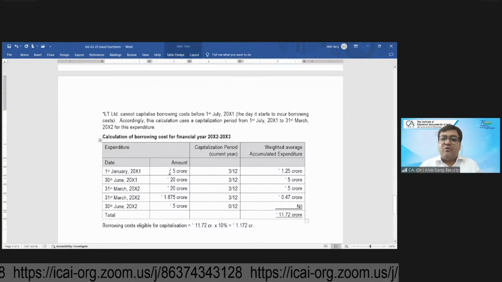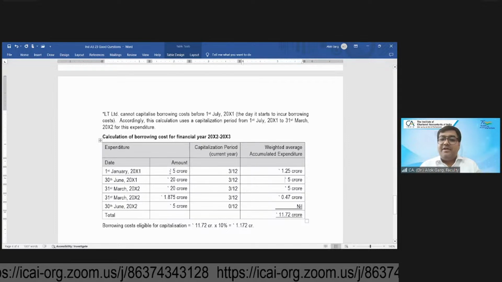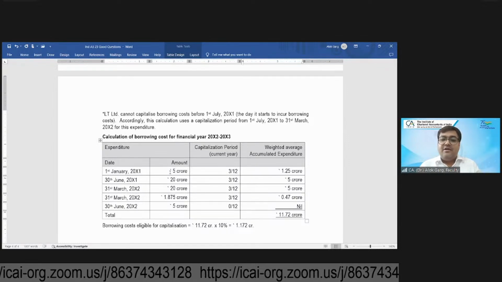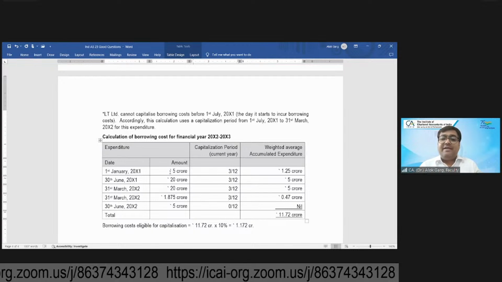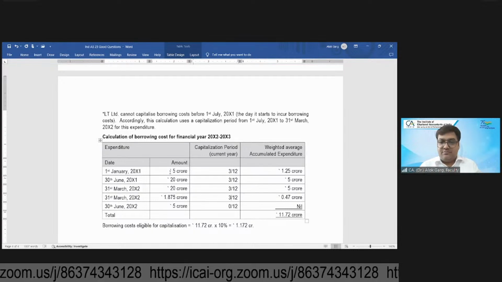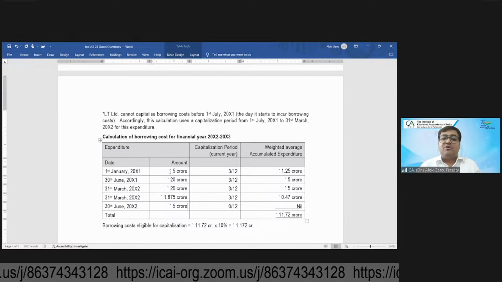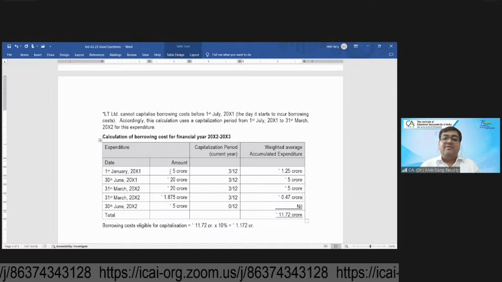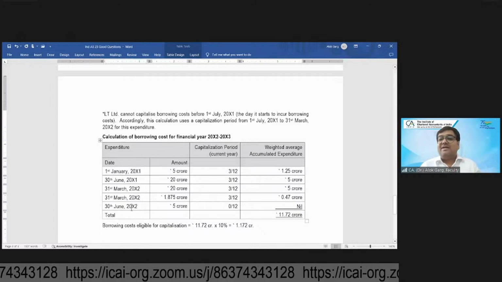So this 5 crore multiplied by 3 by 12. This 20 crore multiplied by 3 by 12. 20 crore multiplied by 3 by 12. 1.875 crore multiplied by 3 by 12. 5 crore multiplied by 0 by 12, because again this amount has been spent on the last date.